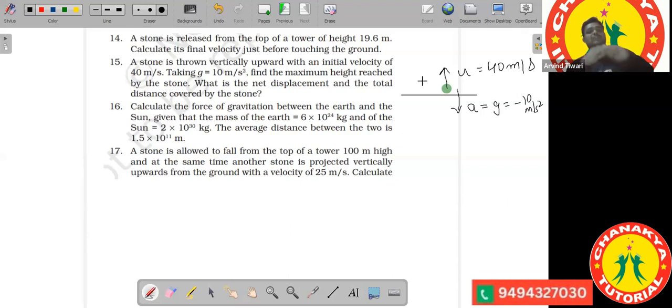The stone travels to a certain height and then finally its velocity becomes 0. Initially you throw it fast, and as it moves up its velocity decreases slowly, and when it reaches the maximum height, its velocity is 0. So at this maximum height, the final velocity is 0.